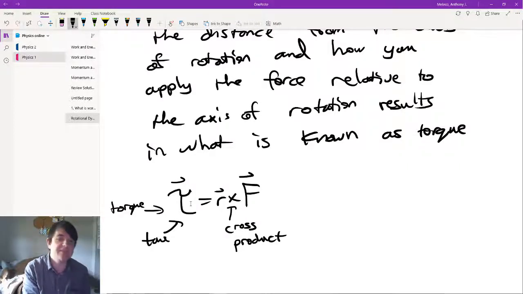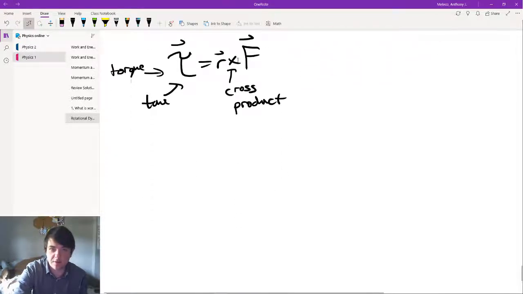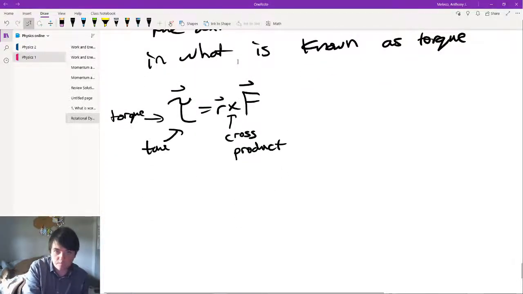So that symbol is tau, which is the symbol for torque. Everything is a vector, and there's a cross product in between, and this is the radius or distance to axis, which is like the radius, how far out you are, kind of. And this is the force applied.